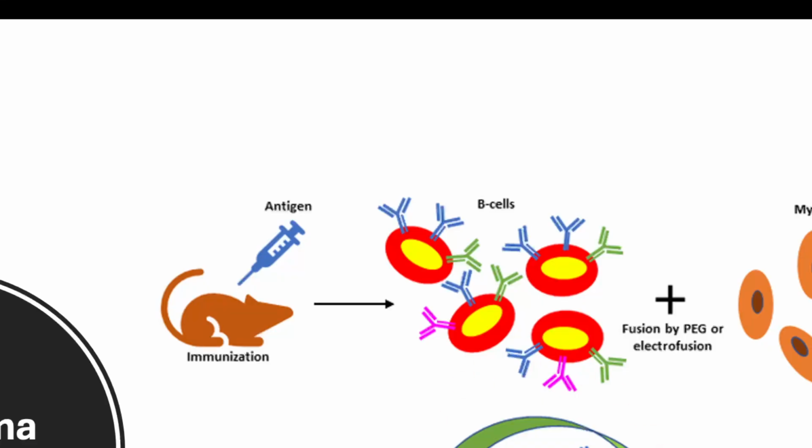And these cells now have the capacity to indefinitely divide using the property of the cancer cells, and thus they will secrete antibody as long as we want them to. These cells now are immortalized plasma cells, which are known as hybridoma cells. So these hybridoma cells will continuously secrete these antibodies called monoclonal antibodies. So this whole technology is known as hybridoma technology.